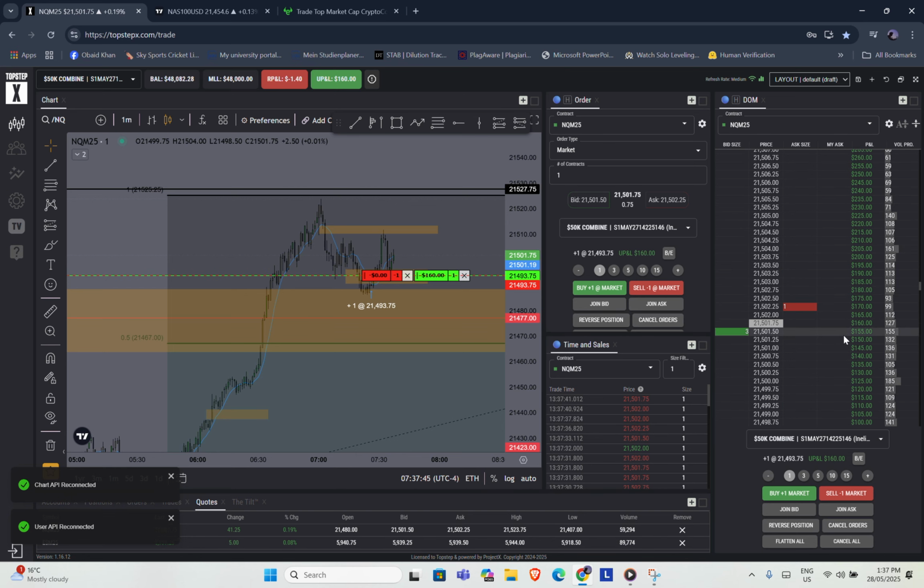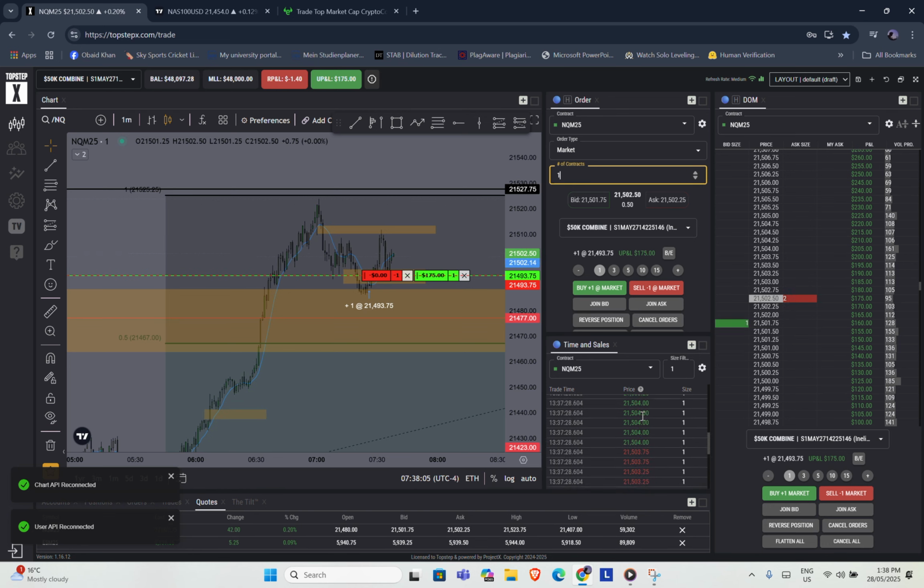So this is basically the order flow. This is where you just buy and sell. This is where you change the contracts, how many contracts you want to buy or sell. And this is the time and size of the market.